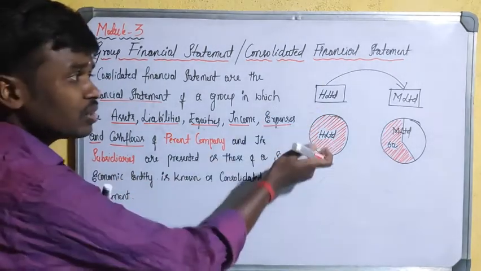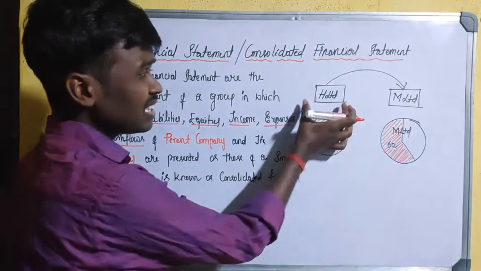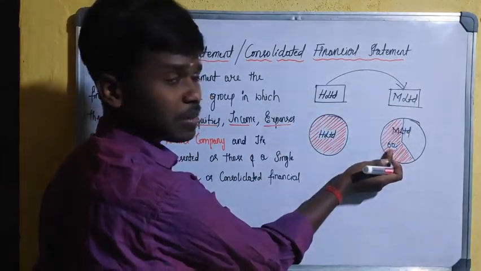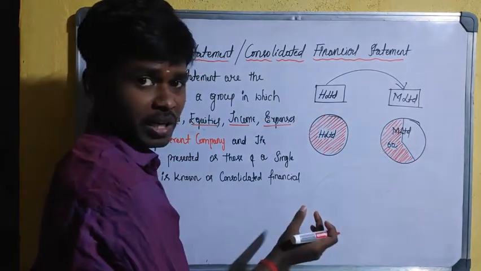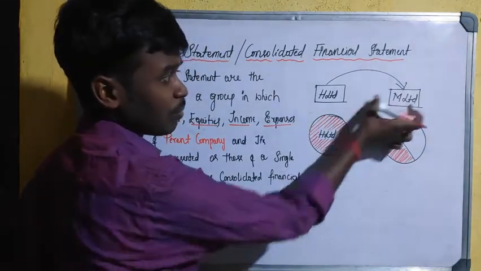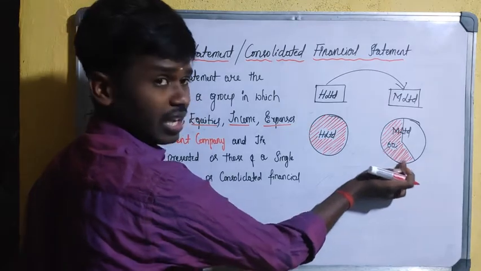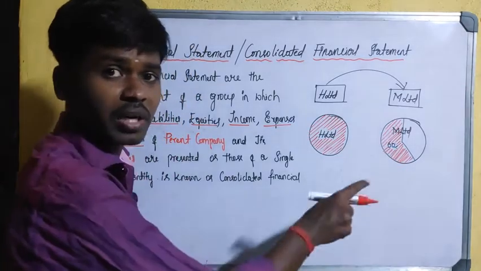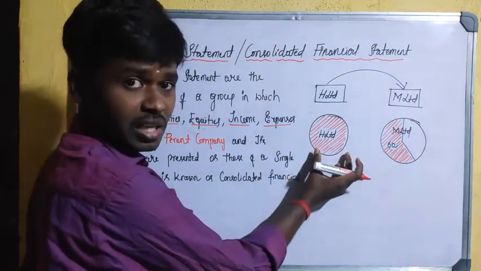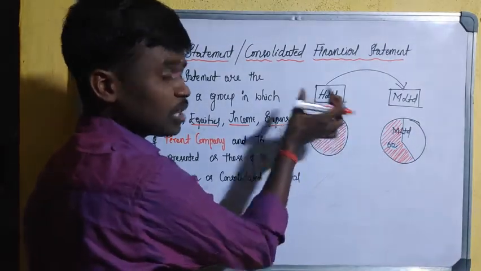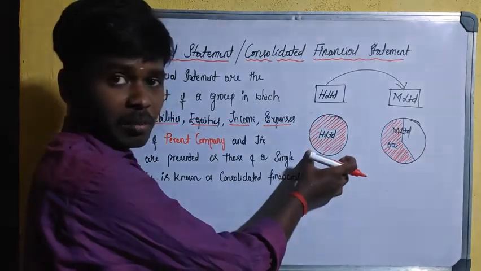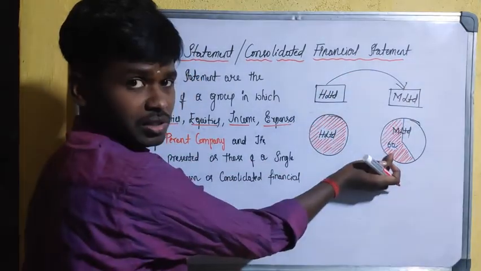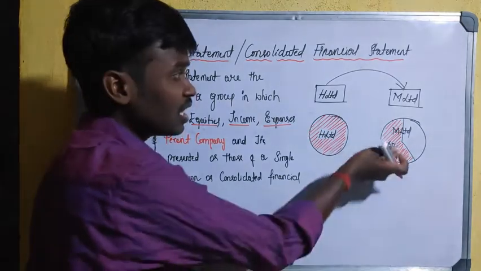Okay, so you know this example, right? In this example, H Limited invests more than 60% shares in M Limited. Whatever profit or loss comes related to that 60% share that H Limited has invested in M Limited belongs to H Limited. So that's why H Limited will be called the controlling company, because H Limited controls the other company by investing 60%, that is more than 50%, in M Limited.